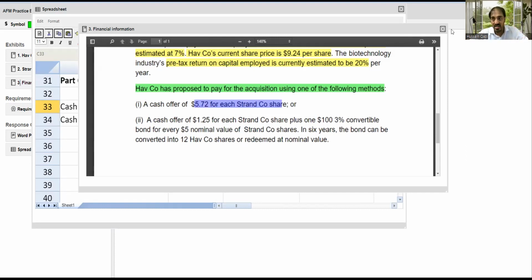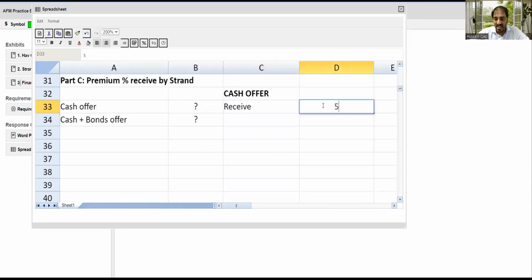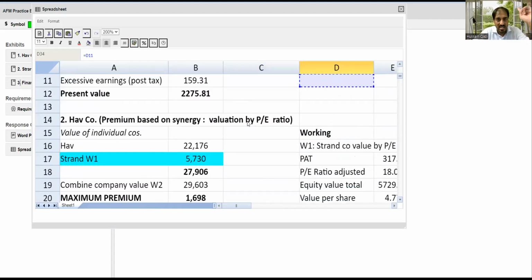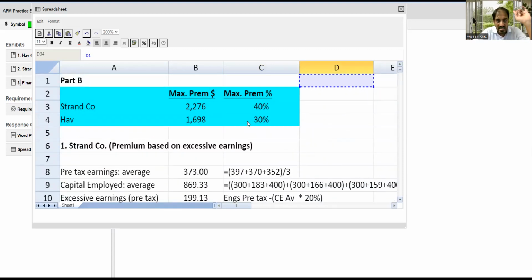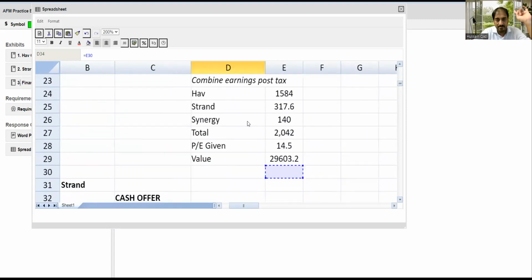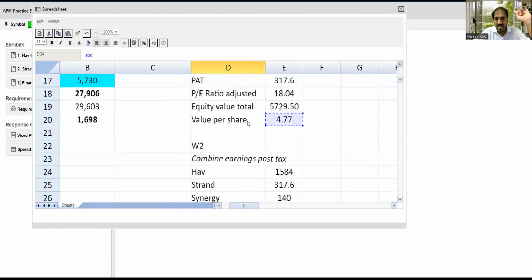And what they sacrifice, or forgo, is one share against one share. And the value of one share is what we have calculated above, 4.77.